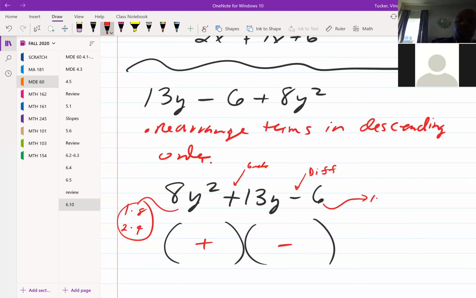Choices here, 1 times 6, 2 times 3. All right. We're trying to get 13 in the middle. And don't forget, our numbers have to subtract from each other to get the 13 in the middle, because we have different signs.